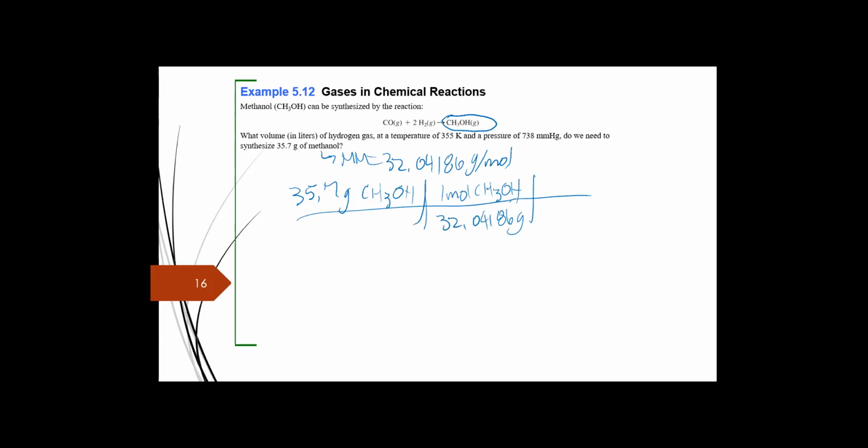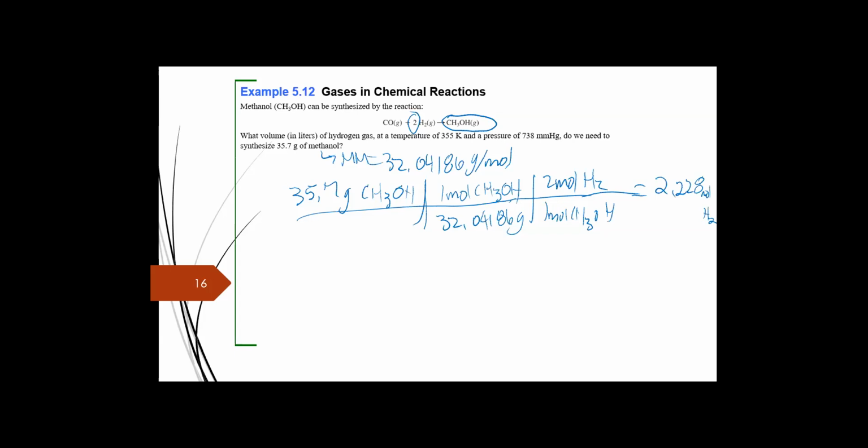Now, we're looking at our volume of hydrogen gas, and so we want to change that into hydrogen gas. 1 mole of methanol requires 2 moles of hydrogen gas, which I'm guessing from this balanced equation up there with its coefficients. And so if we do this conversion, it's going to tell us how many moles of hydrogen we need to make that reaction occur.